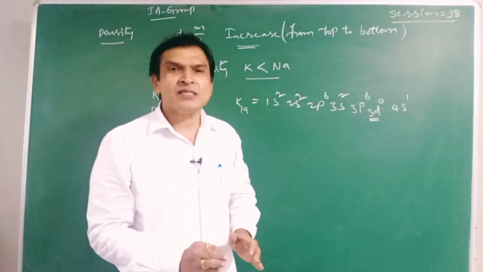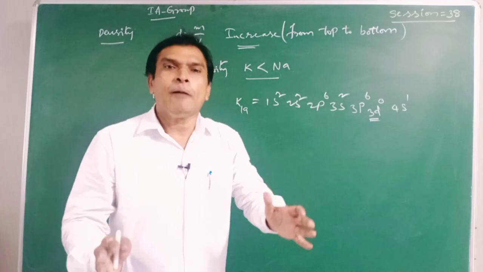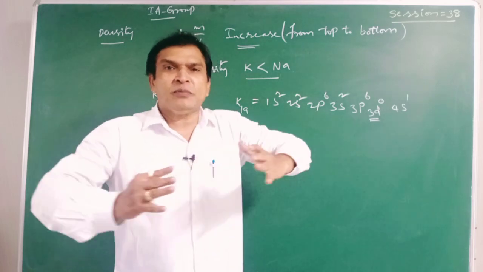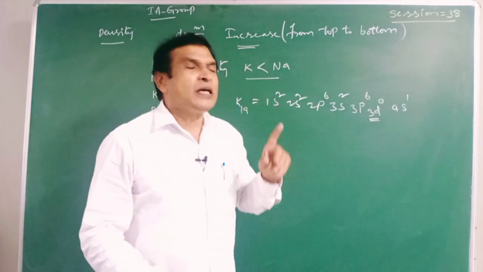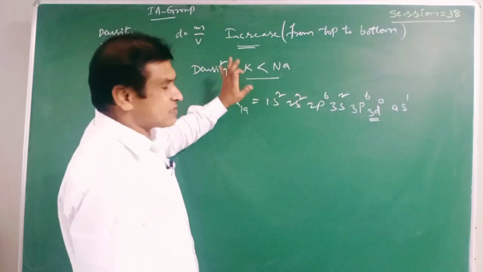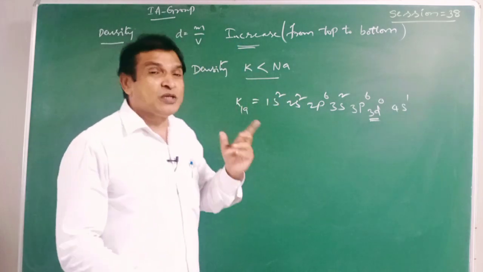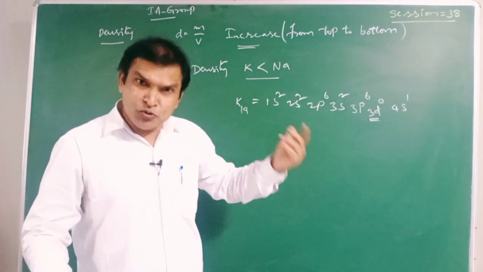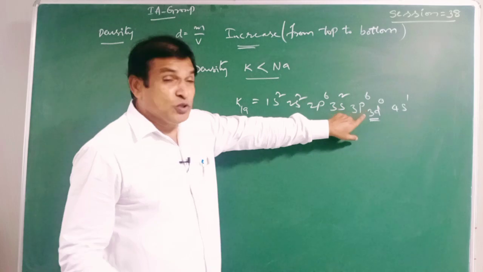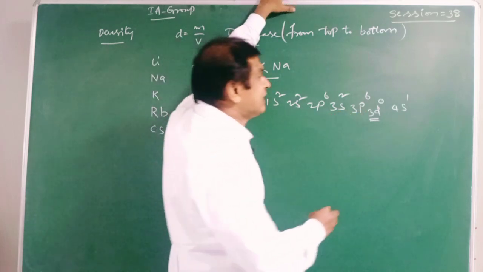Due to the presence of vacant 3d orbital, the atomic volume of potassium suddenly increases. Because of the large atomic volume, its density is less. The density of potassium is less than sodium due to the higher atomic volume, due to the presence of the vacant 3d orbital.